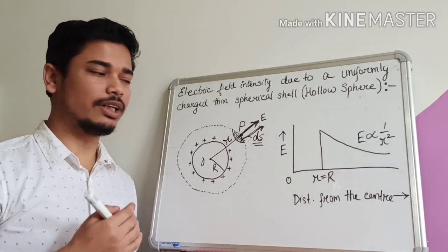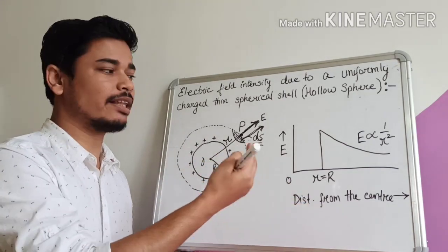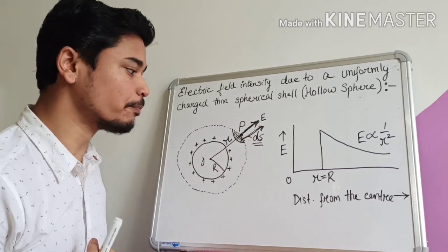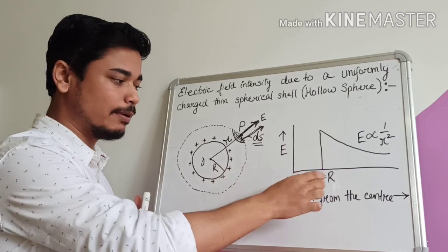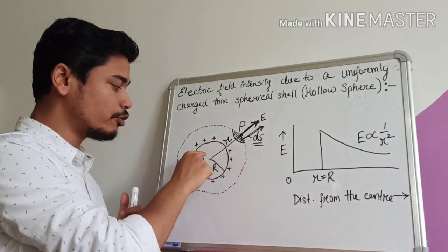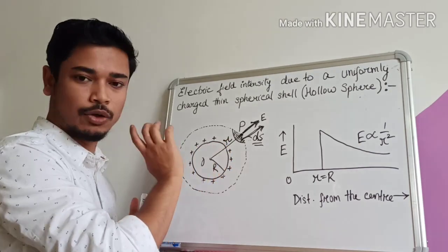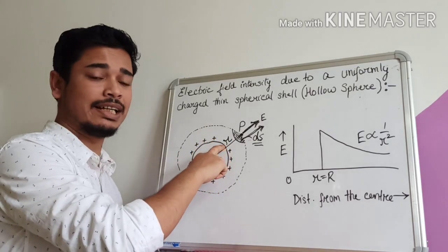So now if we draw a graph for the electric field versus distance from the center, then we will get a plot something like this. Say in this diagram, what is the value of electric field up till R? Here capital R is the radius of the sphere. So from the center up till here, the electric field is 0. So we have found out the electric field to be 0 inside the surface.